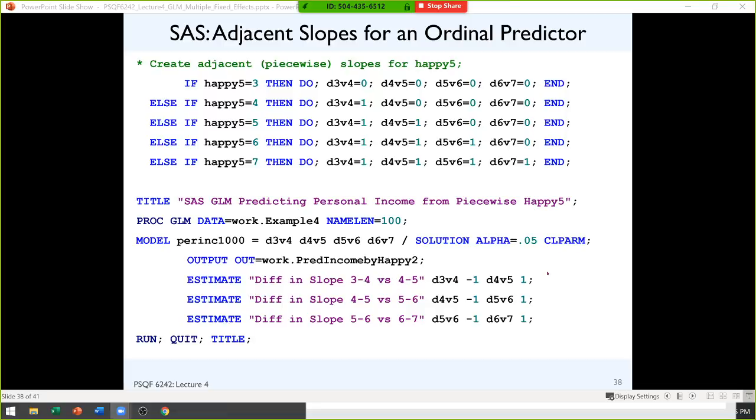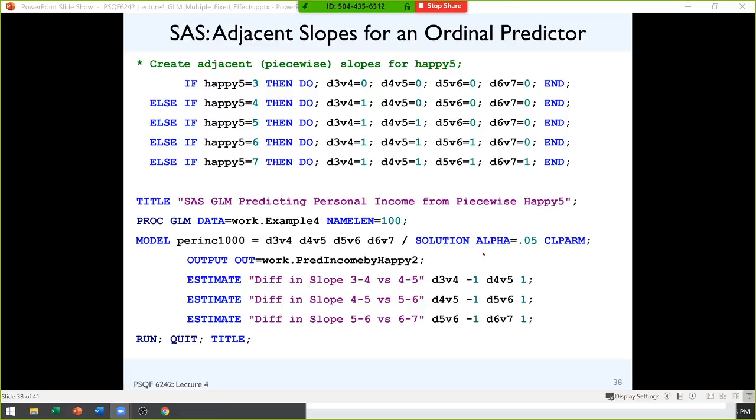If any of those were significant, that would suggest that a single linear slope is not a good idea. If the jump from 3 to 4 is different than the jump from 4 to 5, is different than the jump from 5 to 6, that's what linear says, is that they're all the same. If they're different, then one slope is not a good idea. If they are all the same, you could make an argument that a linear slope is more parsimonious and sufficient.